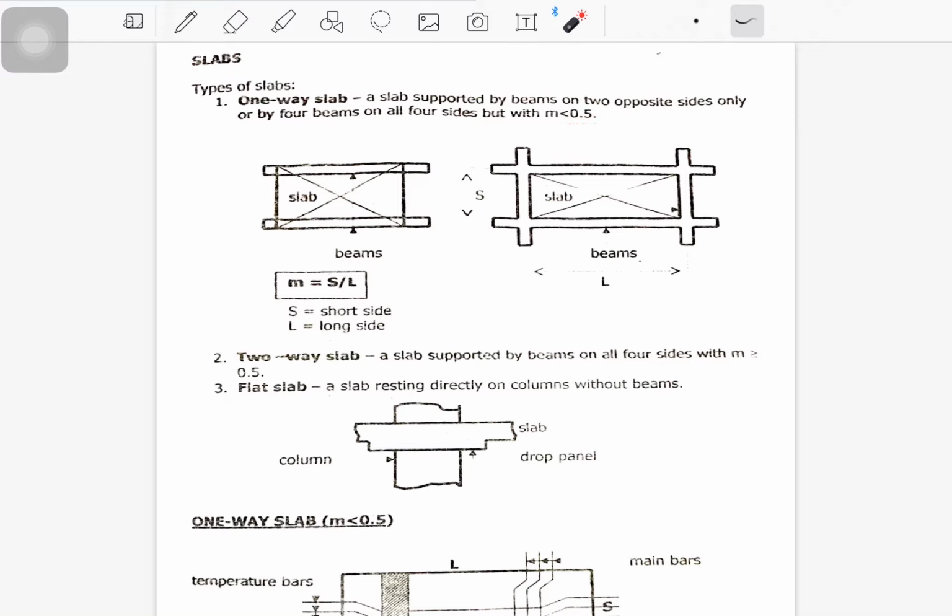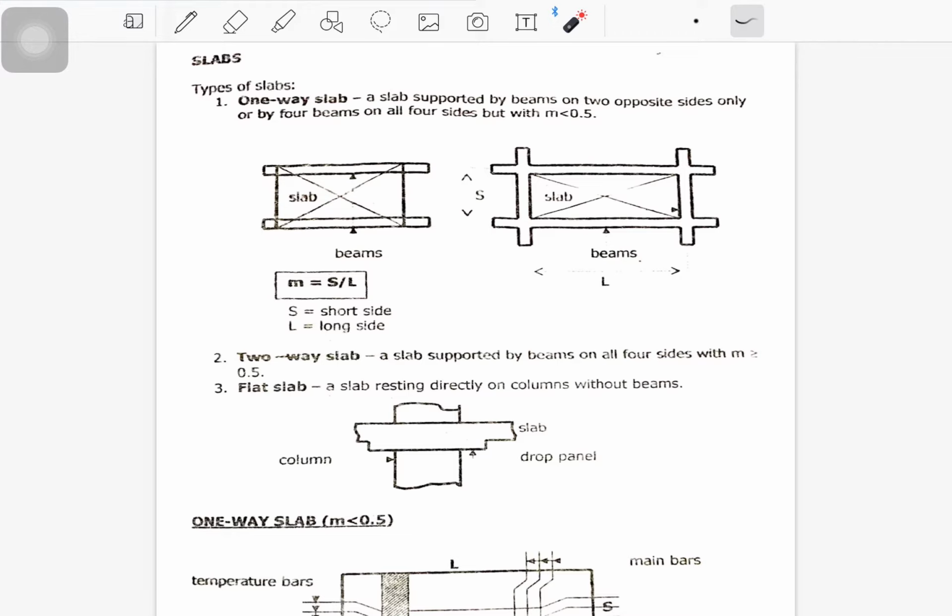So normally for one-way slab, your M is less than 0.5, and you only consider the short span in designing. Where M is equal to the short side or short span divided by the long side or long span.